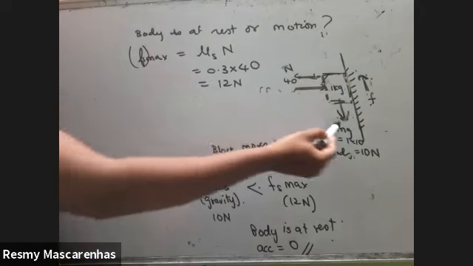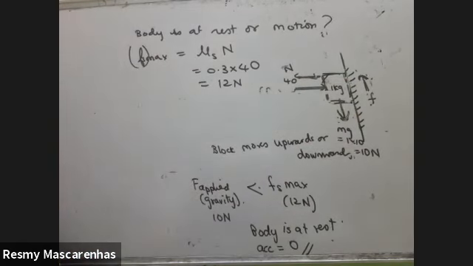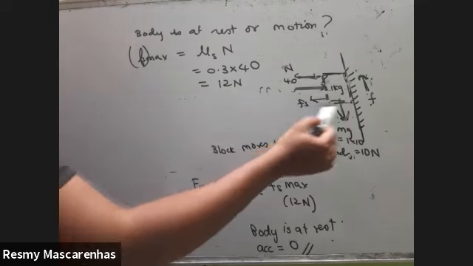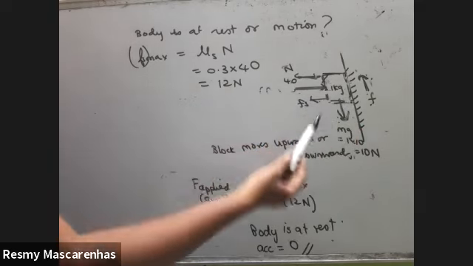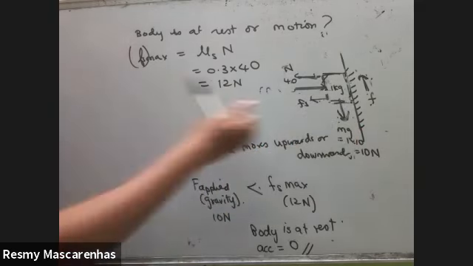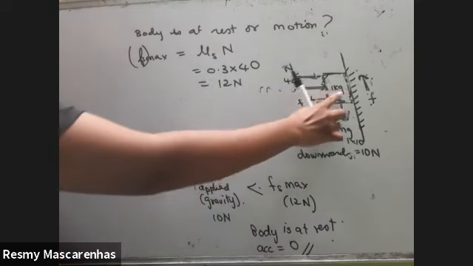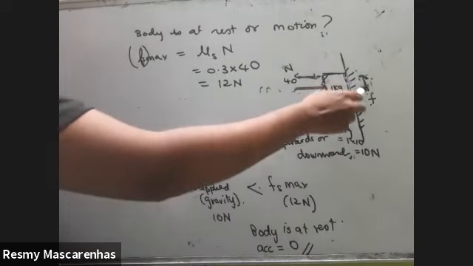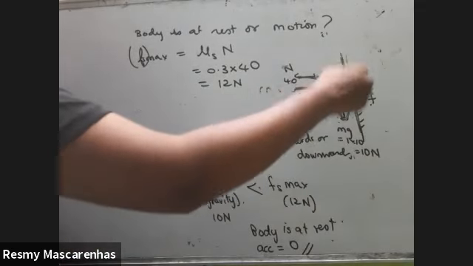So we have to compare it with this and this. Because if we compare it with 40, then it's like you are drawing friction perpendicular to the surface, and in the notes we have strictly mentioned your frictional force can never be perpendicular to the surface. It has to be tangential, in the horizontal direction of the surface, along the surface.